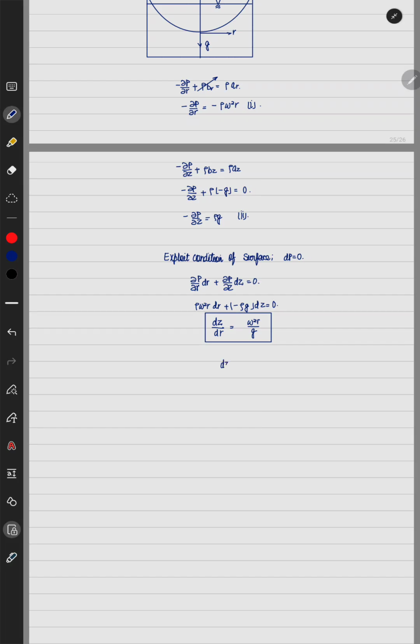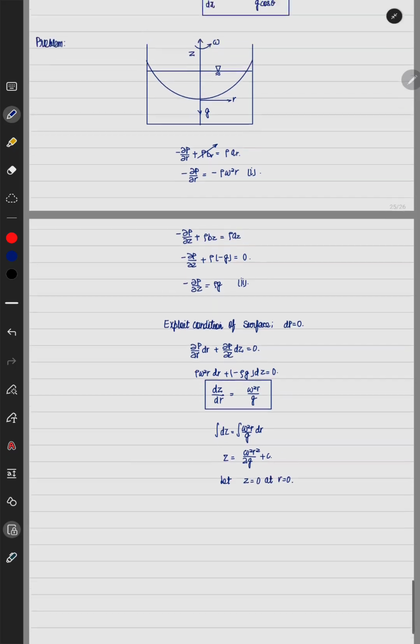How can I integrate? dz is equal to ω²r divided by g into dr. So z is equal to ω²r²/2g plus a constant.